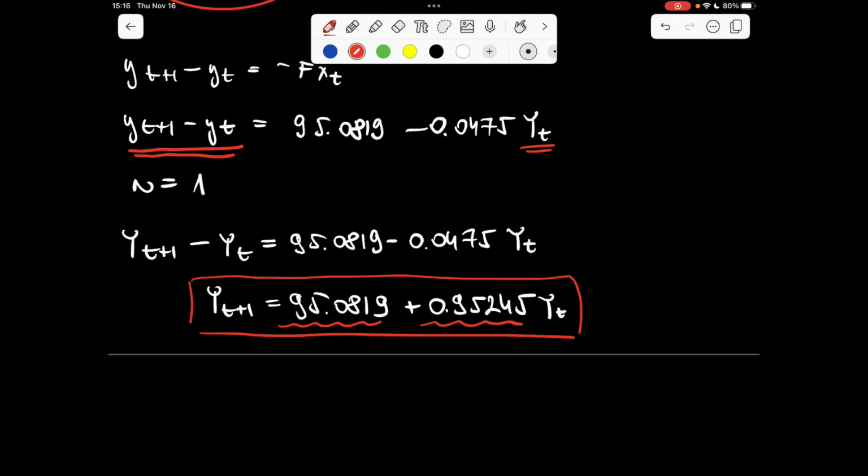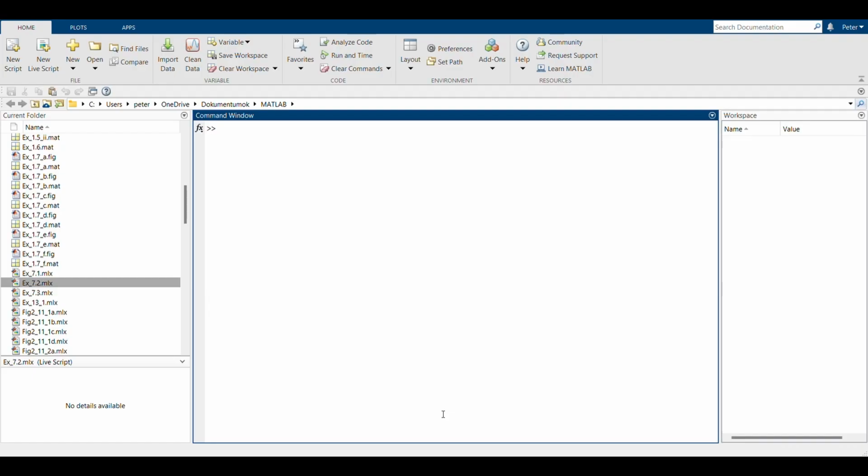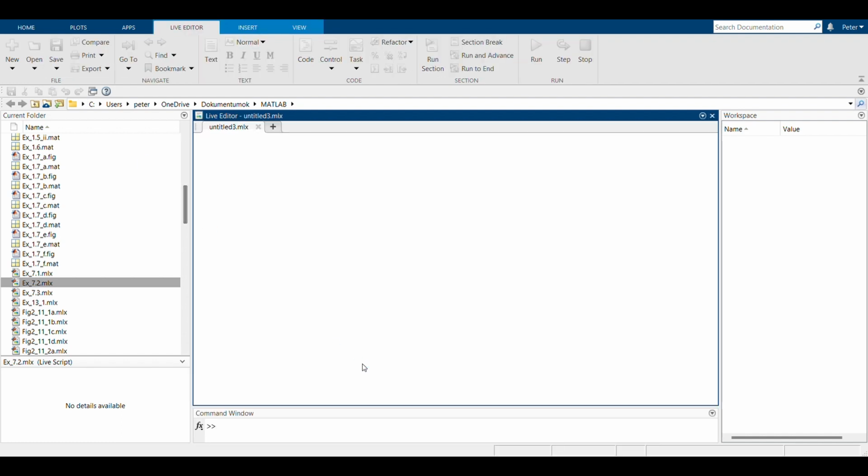So in the final part of this session, we will write a short MATLAB code to find the rational expectations equilibrium parameters in this exercise. All right, let's close today's session with this script to find the rational expectations equilibrium in exercise 7.2.